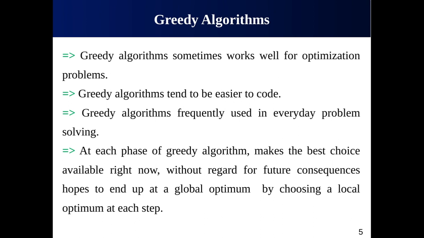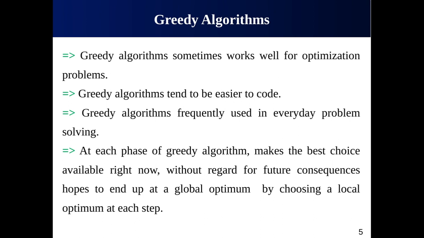And then we hope to end up at a globally optimum solution by choosing a locally optimum solution at each step. So in summary, in the greedy approach, we always try to make the best choice available right now without regard for the future consequences. We will come back to the greedy approach in a moment and study it in more detail.